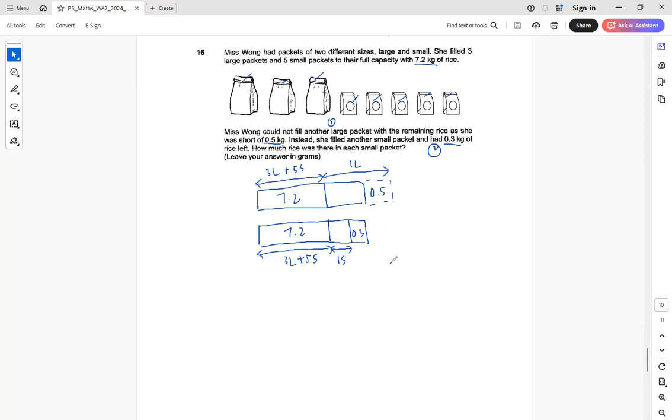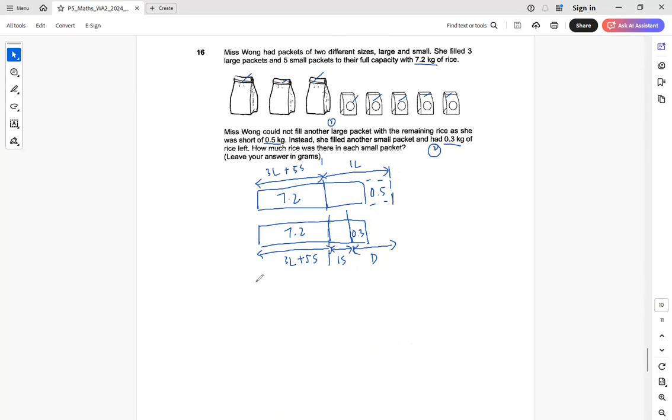All right, so now I will look at the part where it's different, which is over here. The one large and the one small. One large is from here all the way to the end. One small is just this one small here. So the difference between one large and one small is actually from here to here.